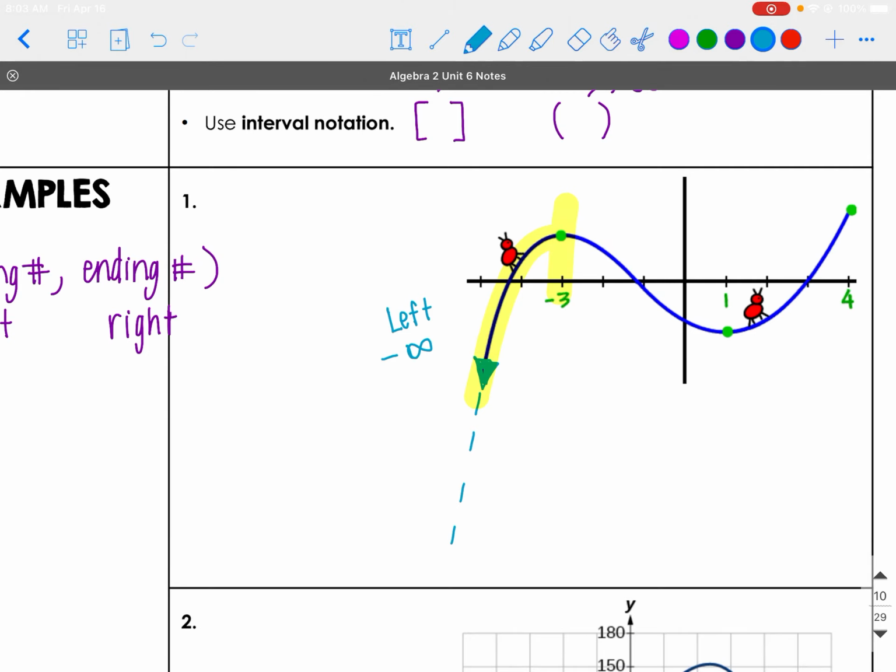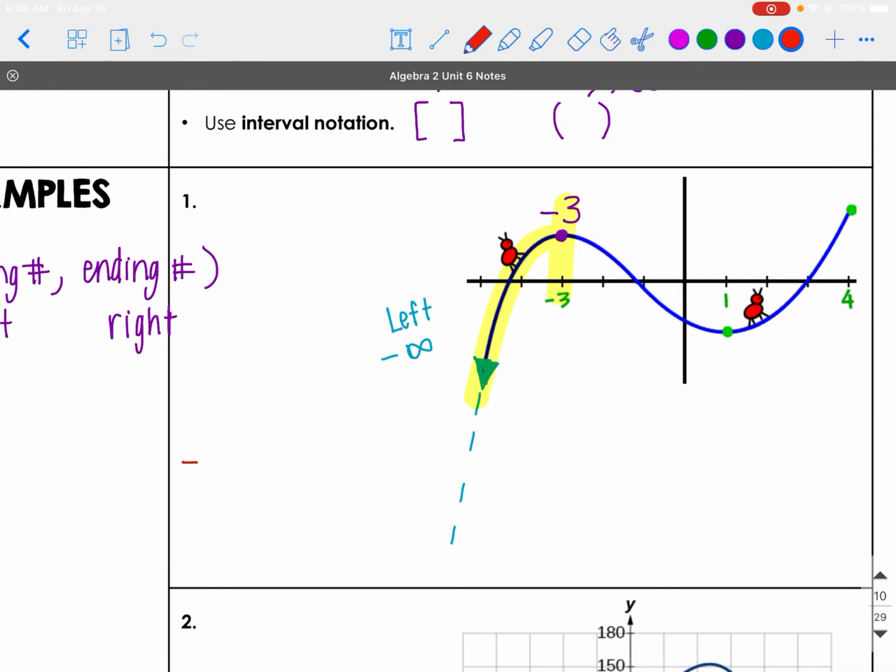What is the x value at that point? This would have been a maximum, and the x value is -3. The y value doesn't matter. Remember, in increasing and decreasing, we just write down the x values.